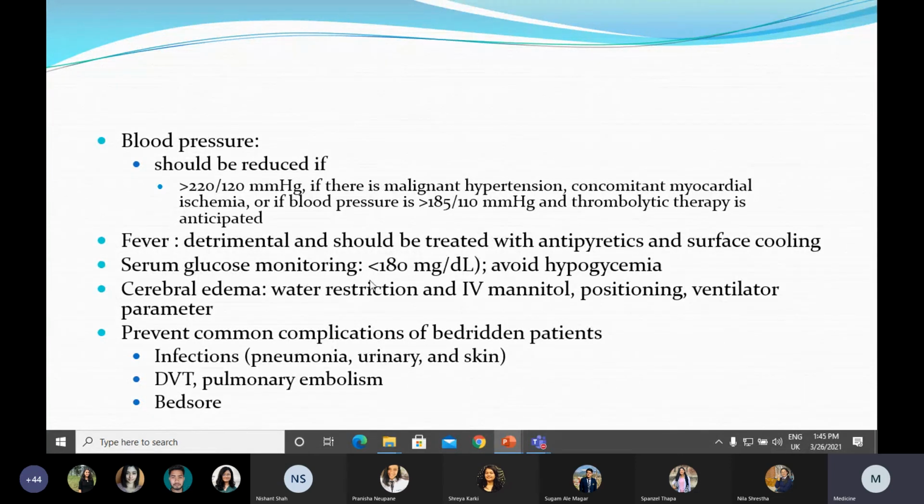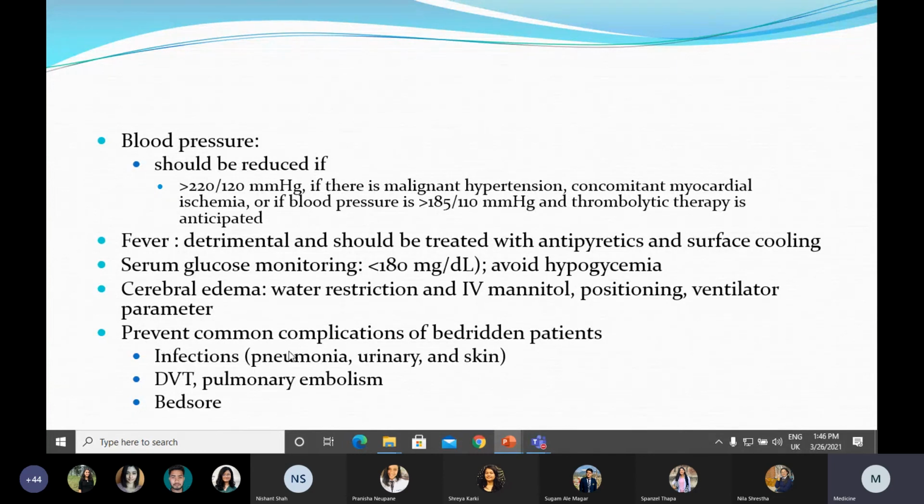Serum glucose monitoring, and it should be kept under 180 but we should avoid hypoglycemia. Patient may have cerebral edema, so we may have to restrict water or give IV mannitol. We can put the patient in a propped up position. Even with the help of ventilators, we can decrease cerebral edema.